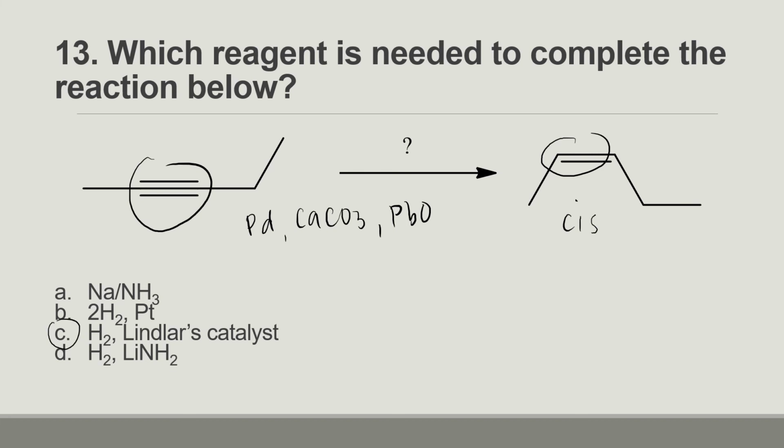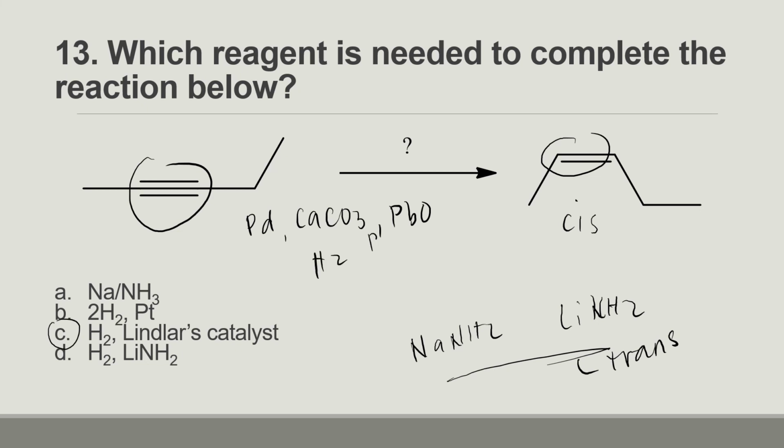If we have used NaNH2, no, or LiNH2, kung yan ang ginamit natin, this will also make an alkene, but it's in the trans conformation. And then if we use naman H2 and palladium or Pt, no, yung alkyne mo automatically magiging alkane na siya.